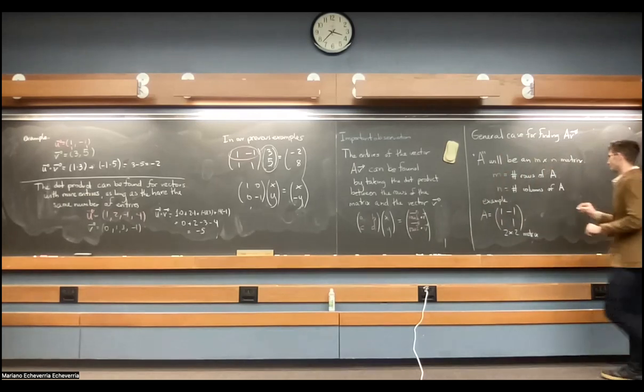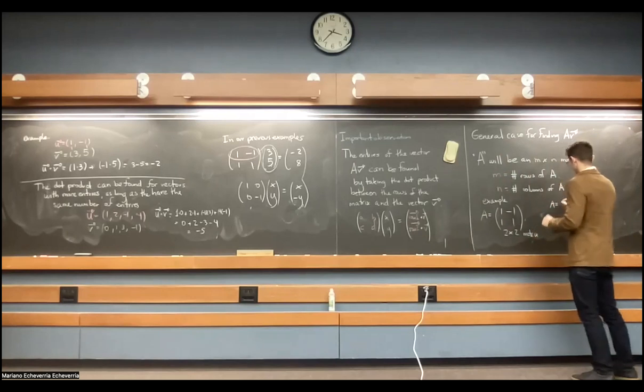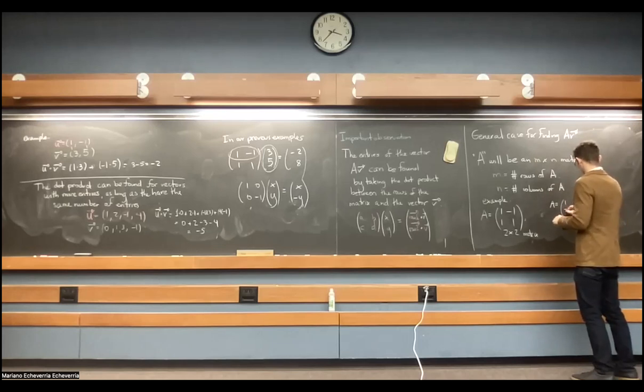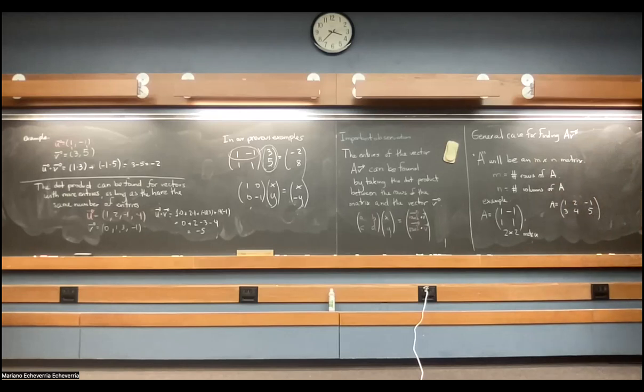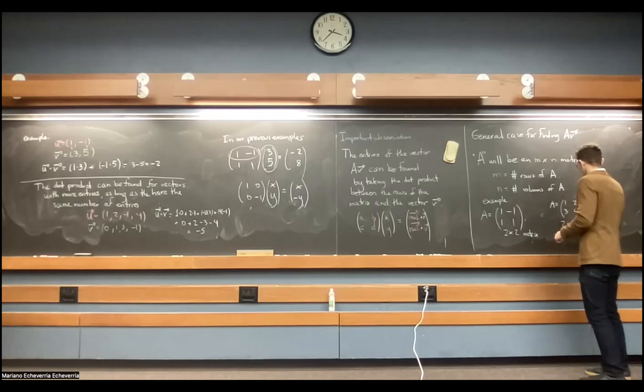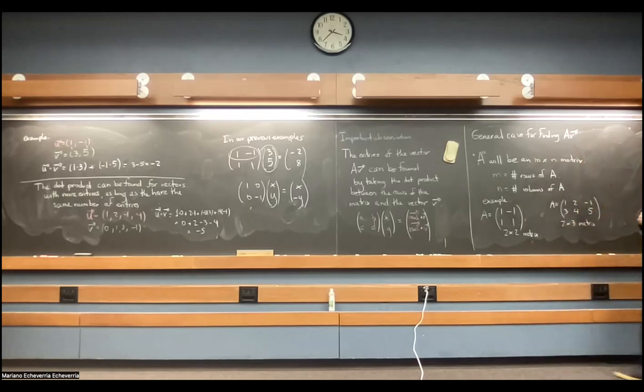But you could also have something like this. So what would this be? It would be a 2 times 3 matrix, right? Two rows, three columns. The opposite can also happen, so you could have more rows than columns.